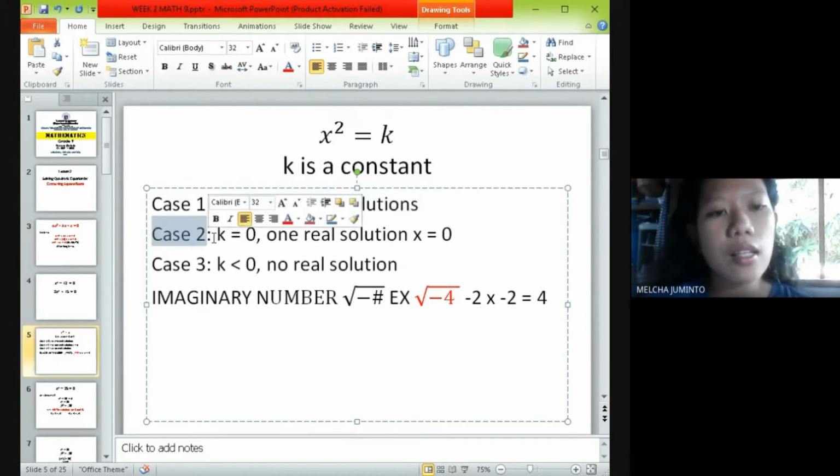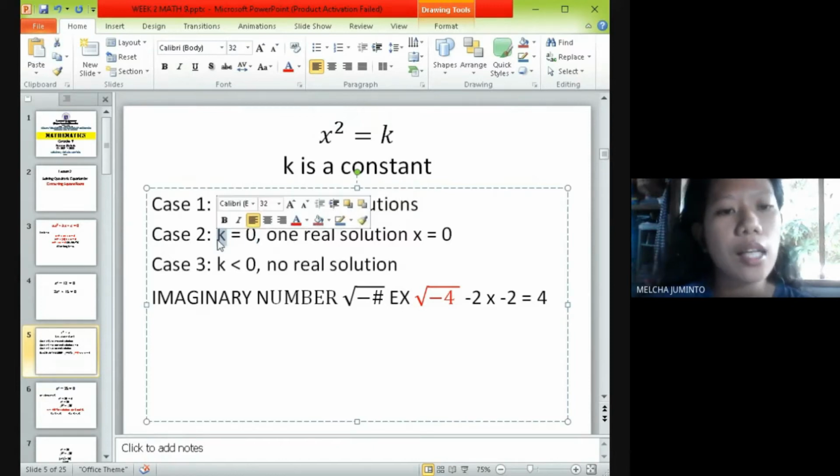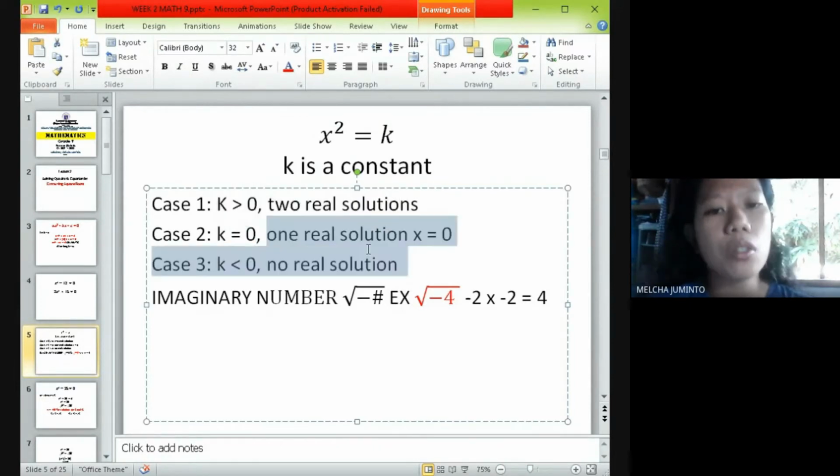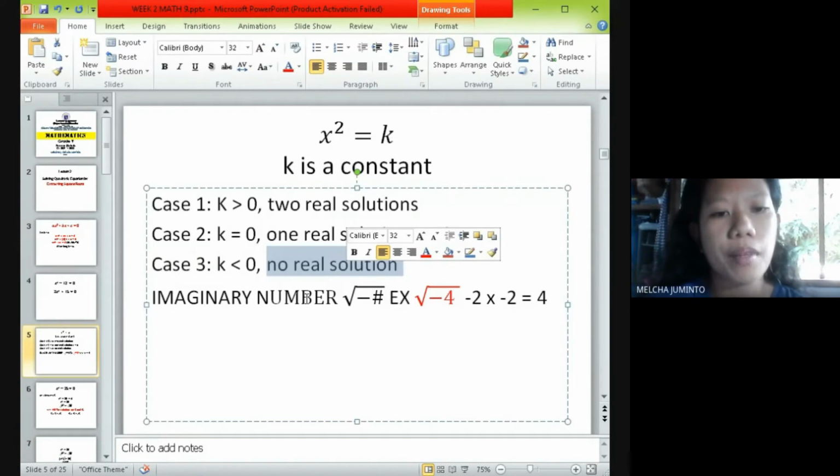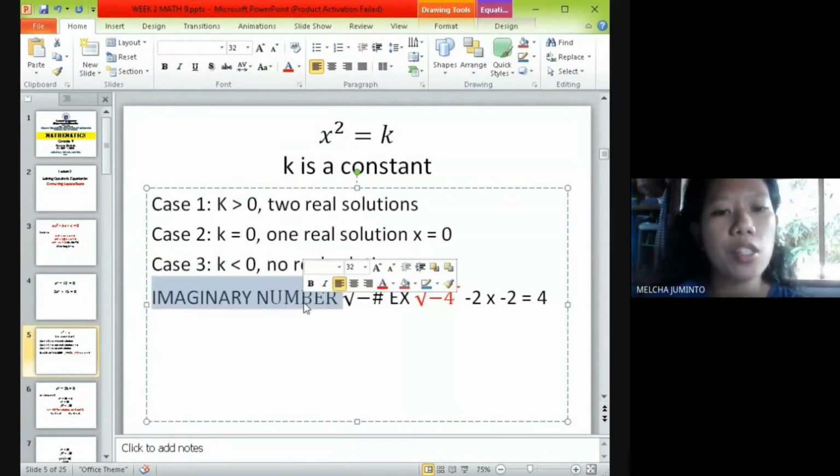Second case is when k is equal to 0. If k is exactly equal to 0, there's only one solution, and that solution is obviously 0. And the third and the last case is when k is less than 0. When we say less than 0, therefore the value of k is a negative number. And with that, there is no solution because the number will become imaginary.